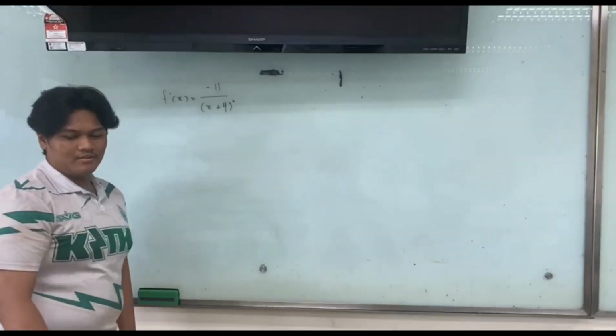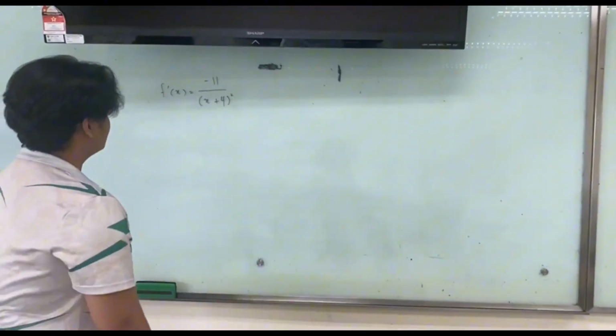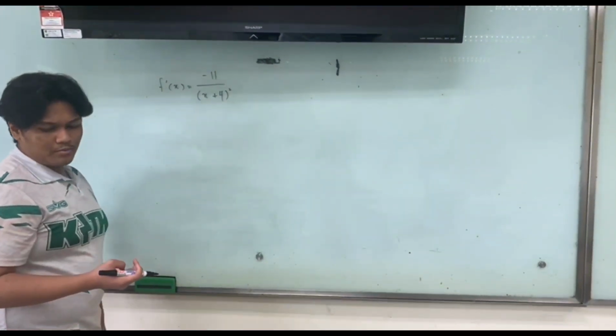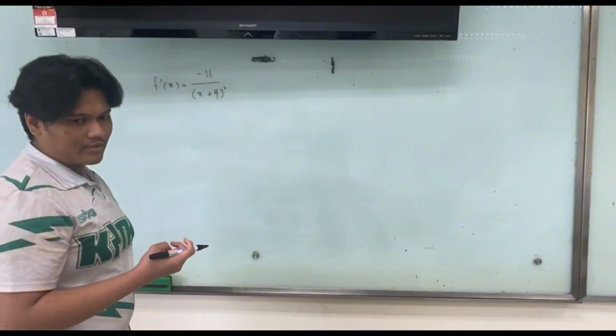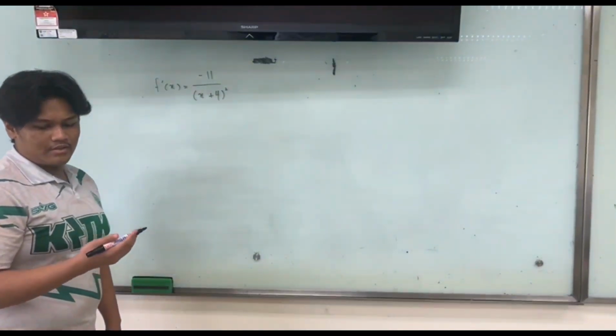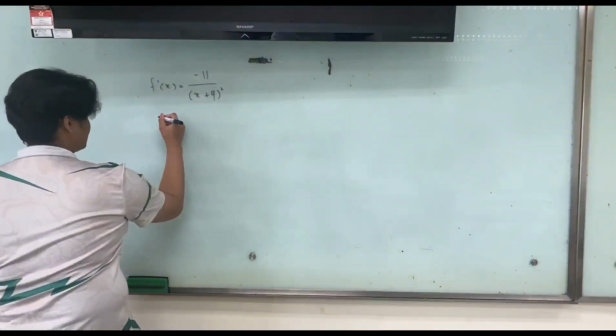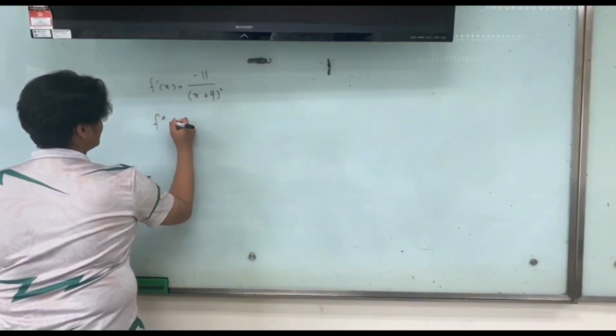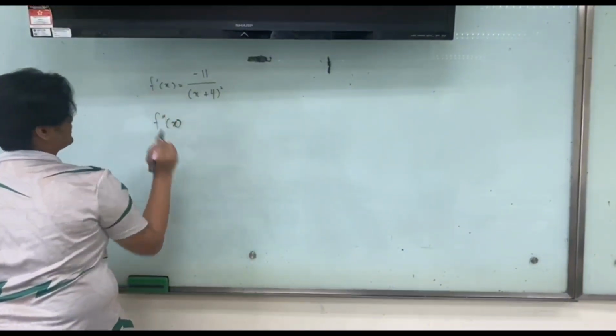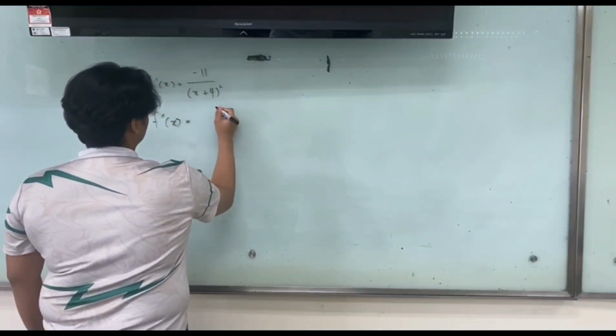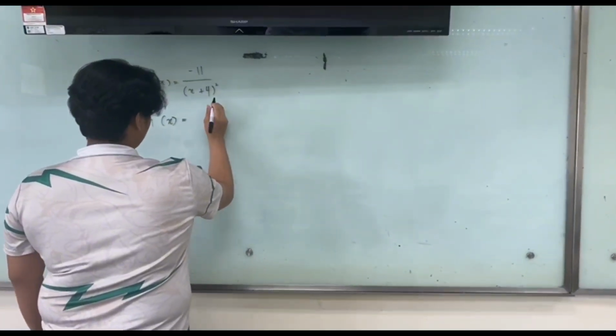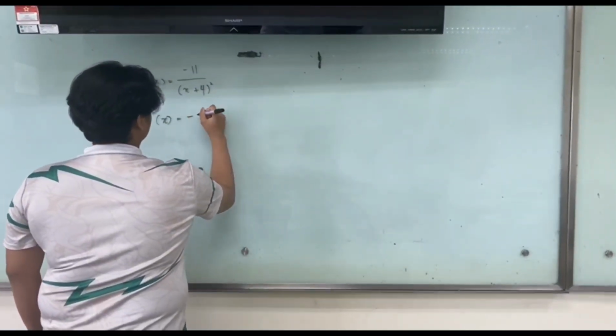Thank you. Okay, for the next question, question D, I will show you how to find the concave up or concave down interval. First step, we must find the second derivative from the first derivative. So we need to find the derivative using this way.